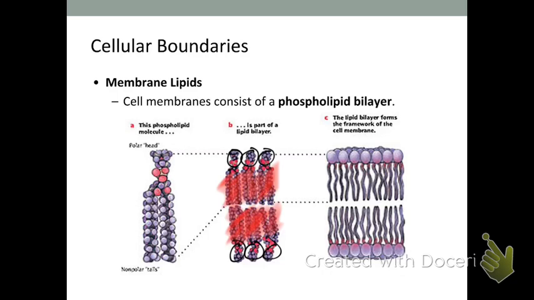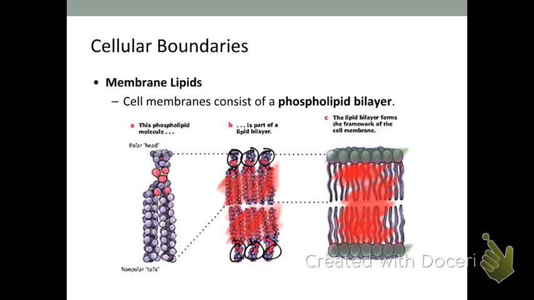This creates this layer right in here that doesn't like water, fears water, and the outside likes water, and the inside likes water. This creates the boundary. This creates the barrier. We have water on this side and water on this side.